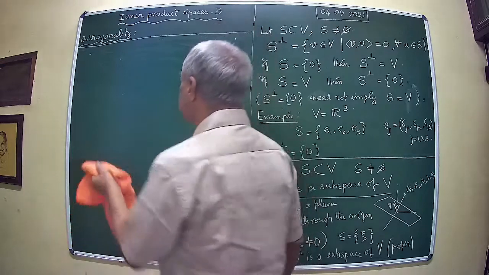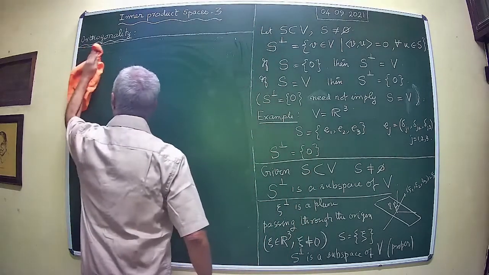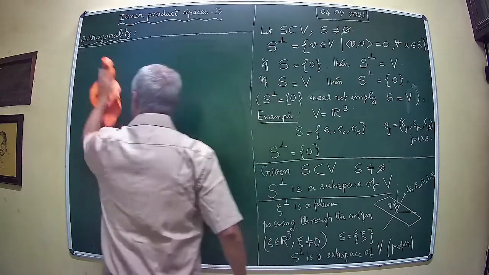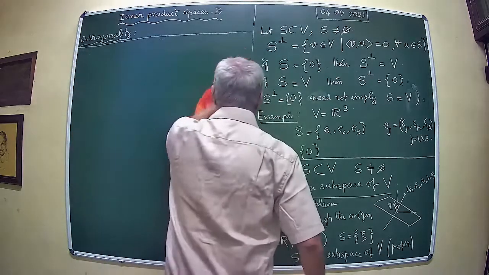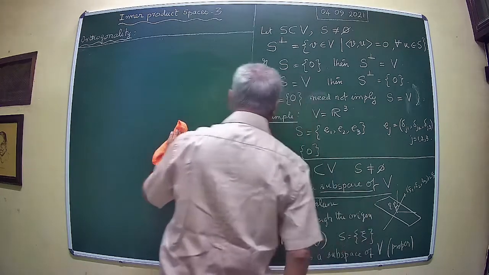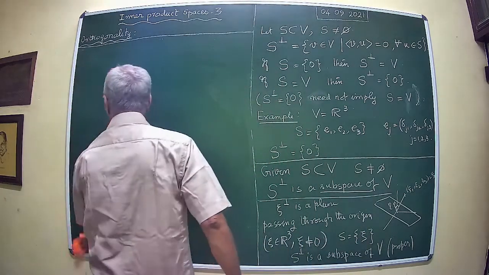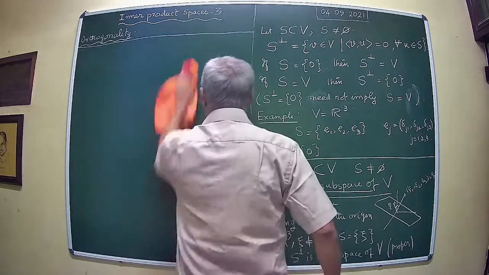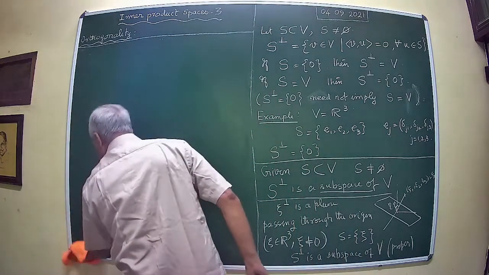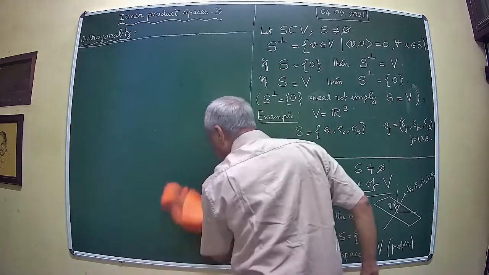S perp is a subspace of V, which you can give a proof for. So prove that S perp is a subspace of V. That's easy to prove. Now look at S perp perp.